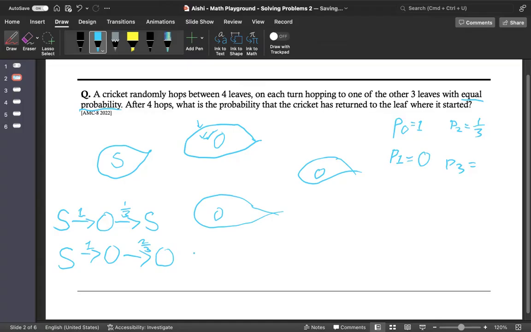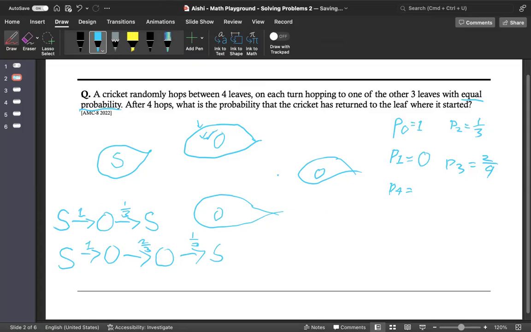So it's 2 by 3. And from O to S is 1 by 3. So it's 2 by 3 times 1 by 3, which is 2 by 9. Now the probability that it's going to be back in four hops, which is what we need.